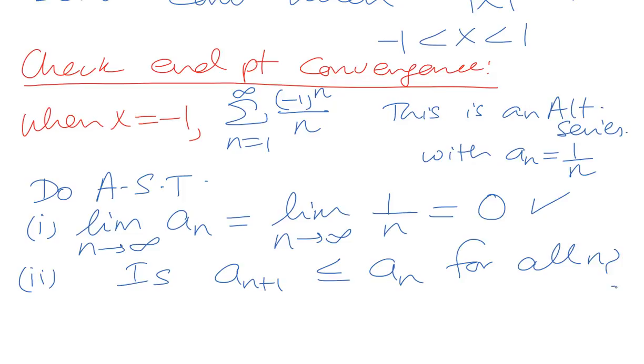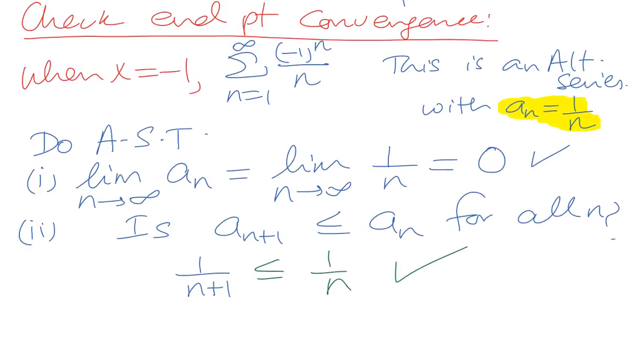Okay, a_n is 1 over n. What's a_(n+1), guys? 1 over n plus 1. How did I get that? This is my a_n. To find a_(n+1) for this alternating series, replace n by n plus 1. Is that less than or equal to 1 over n? Yes. So guys, this series satisfies both those conditions.